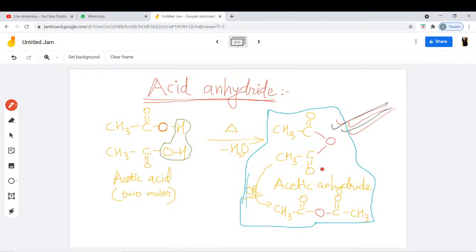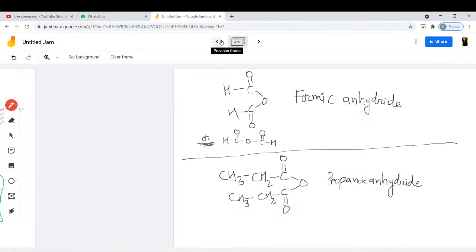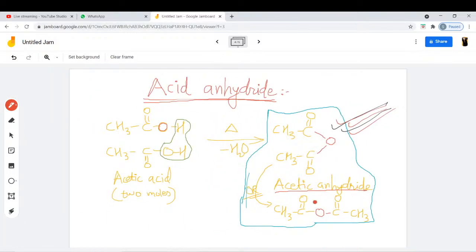It is used in many reactions, so you must remember it. I'm not going to talk much about formic or propanoic anhydride, but acetic anhydride is very famous and used in various reactions. So that is about anhydrides.